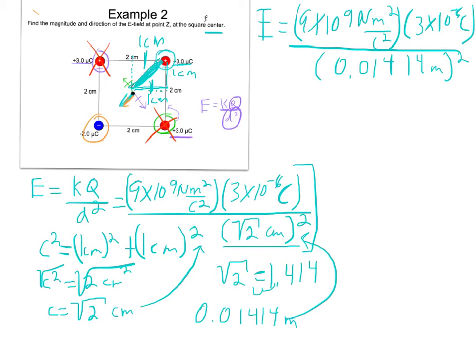And if I do that math now, I get the electric field strength is 1.35 times 10 to the 8th newtons per coulomb.